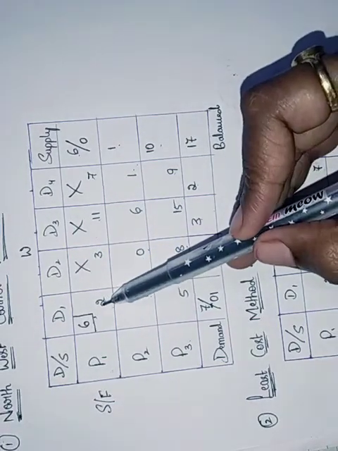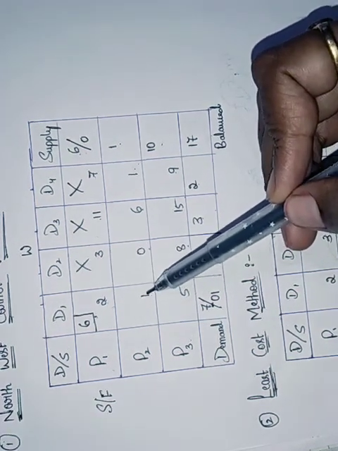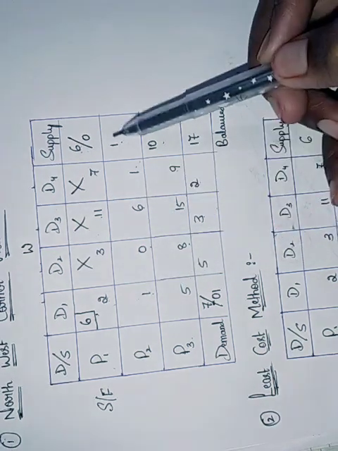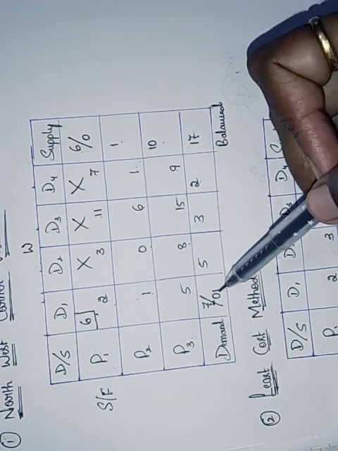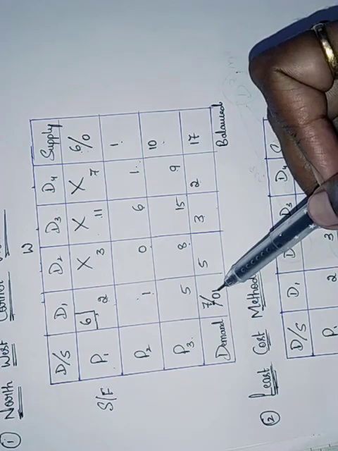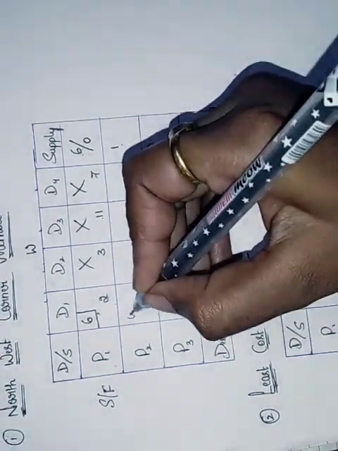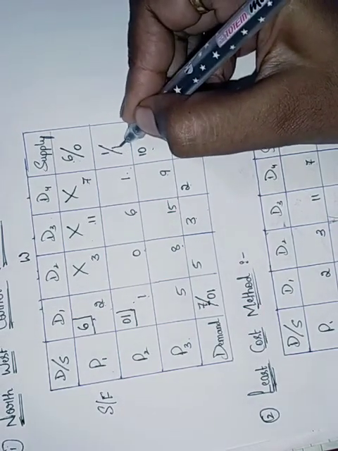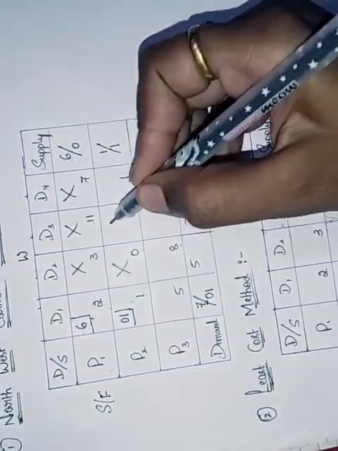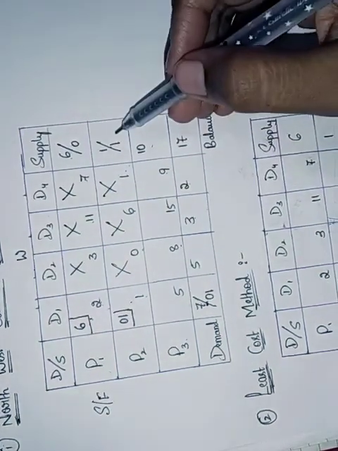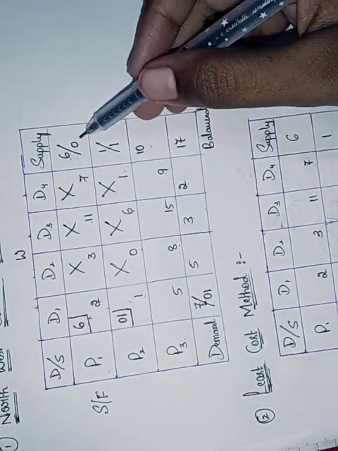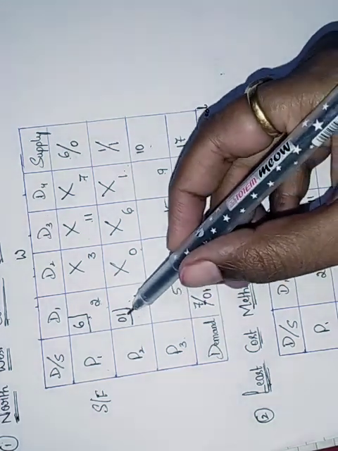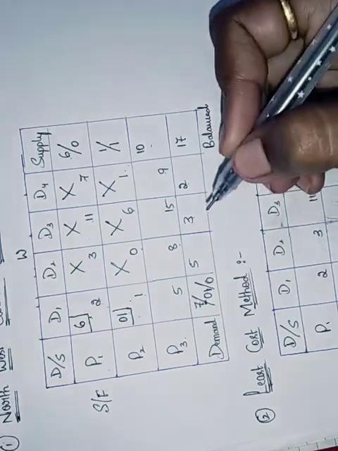Moving on to the next cell, the next northwest corner cell is this one. The supply is 1 unit and demand is also 1 unit. So I can easily allocate 1 unit. Among 1 unit I have allocated 1 unit. For the remaining cells I cannot allocate because there is no sufficient supply. Here demand was 1 unit and 1 unit is allocated, so demand reduces to 0.